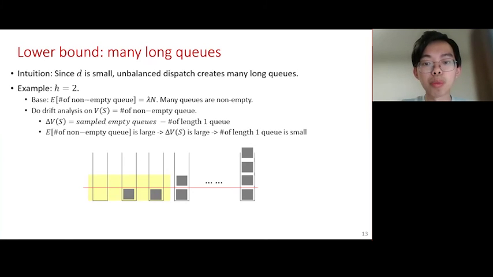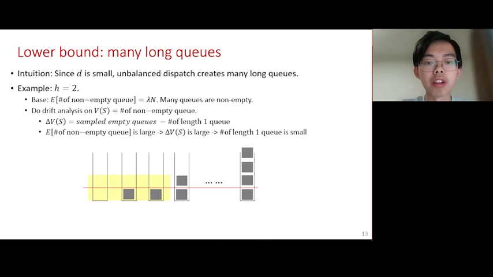Now, since D is so small, we can imagine that batch filling cannot sample many empty queues. In addition, we know that the expectation of Vs is large, so its drift has to be large too. It then implies that the number of length 1 queues is small.